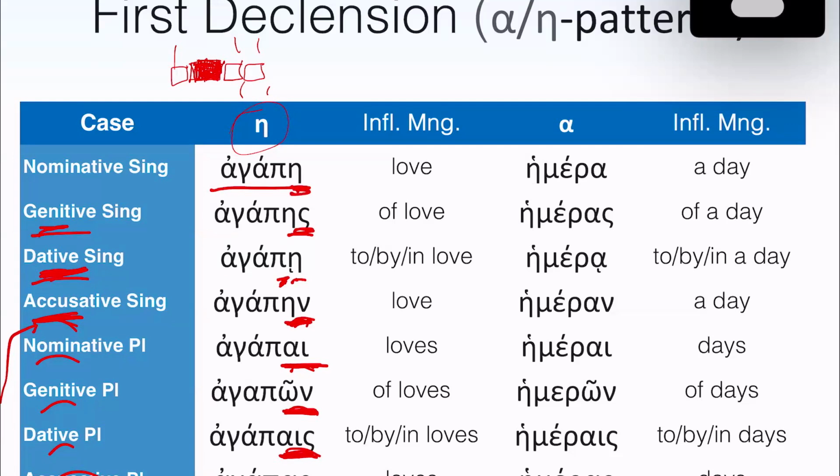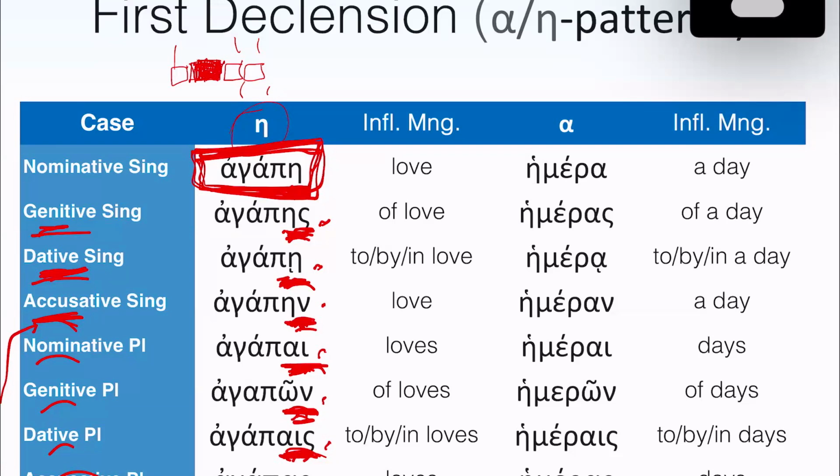And so what grammarians will often do is encourage you to just learn these endings, because the majority of words that start like agape in their lexical form will decline in exactly the same way. So all you have to do is learn these endings. Agape, agapes, agape, agapen, agapai, agapon, agapais, agapas.